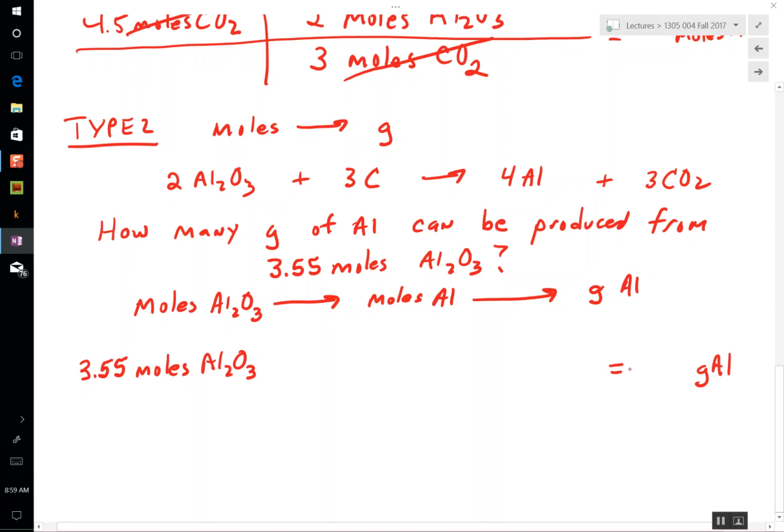All right, so the very first step is the type 1 problem. It's a simple type 1 problem. Just what we've just learned. So we need to convert moles of aluminum oxide into moles of aluminum. So it's 4 moles of aluminum per 2 moles of aluminum oxide.